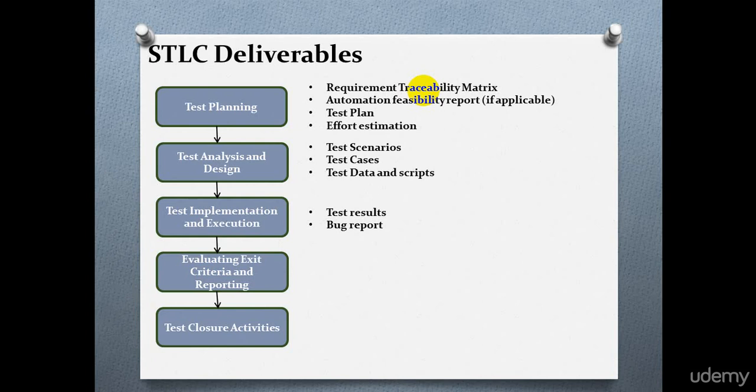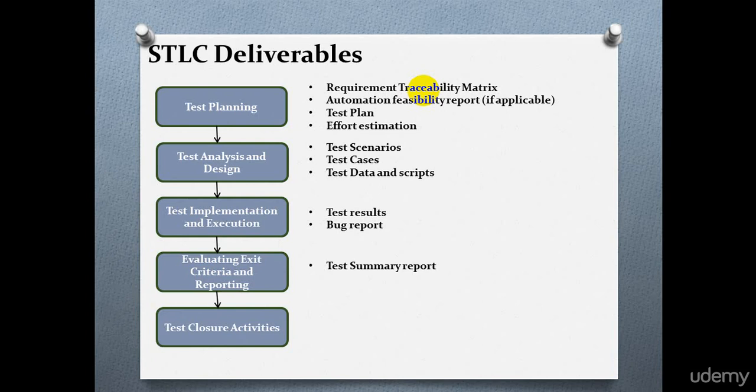The environment details where the bugs are reproducible, priority and severity also will be available in the bug report. These bug reports usually will be created by the testers, and this will be very useful for the management team to assess the performance.